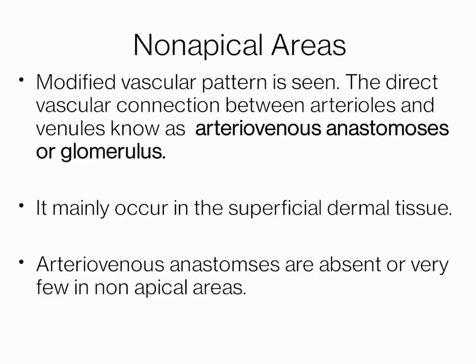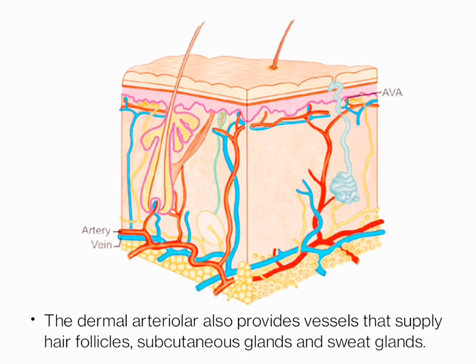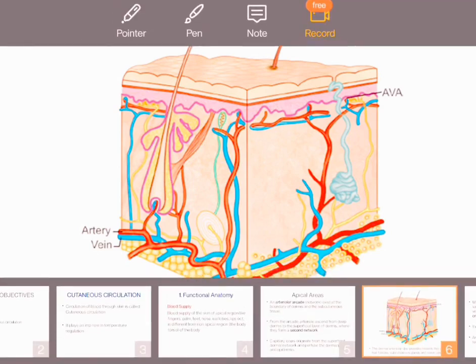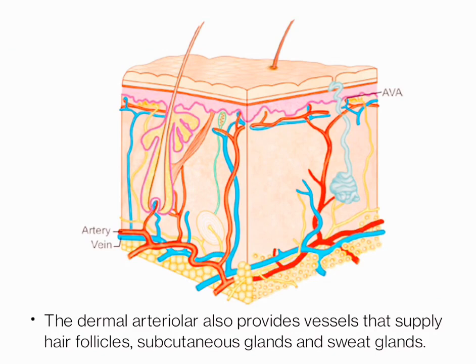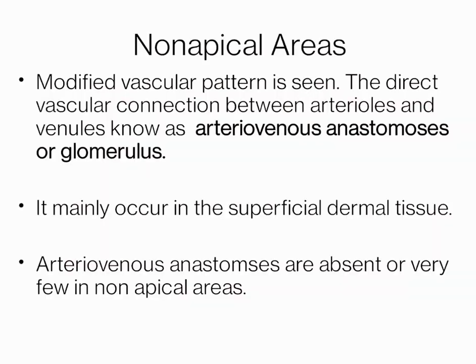The dermal arterioles also provide vessels that supply the hair follicles and also subcutaneous glands and sweat glands of the skin or of the body. That was about your apical area circulation.